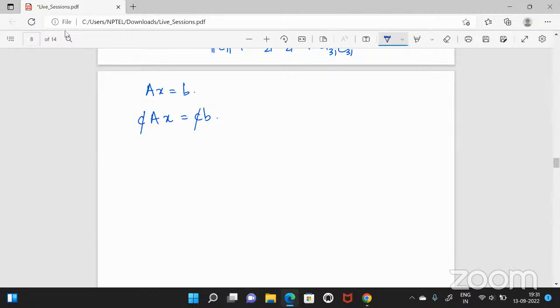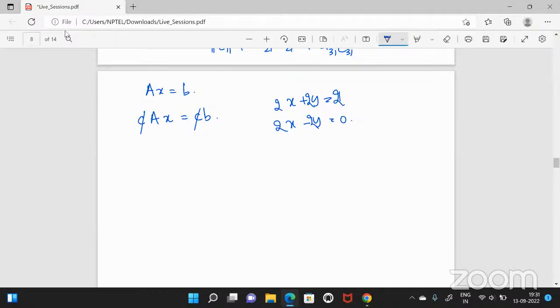For example, x plus y is equal to 1, x minus y is equal to 0. Instead, you're doing 2 times that. You can just cancel out that 2 and still have the same solution. Okay, madam, got it.